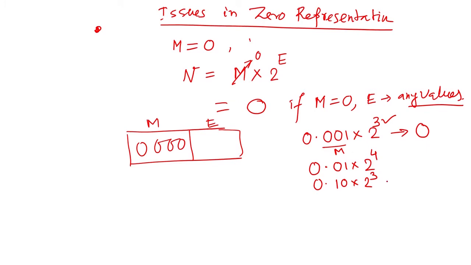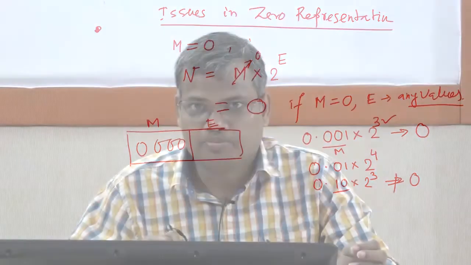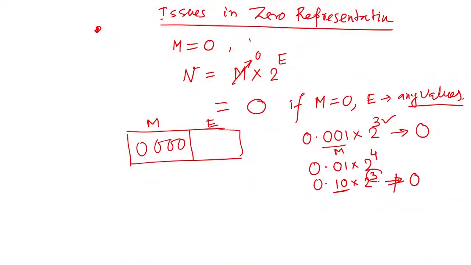That means this number is not actually 0, because here we have the value 0.10 into 2 to the power 3. So the best way to represent 0 is when the exponent is the highest representable negative number.